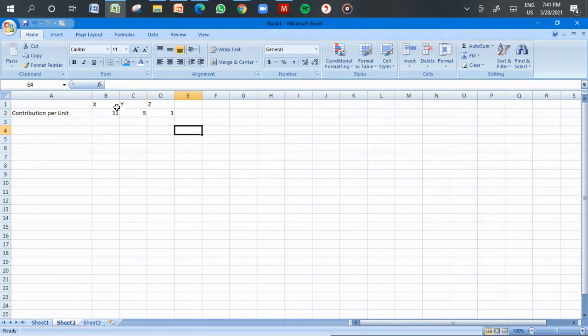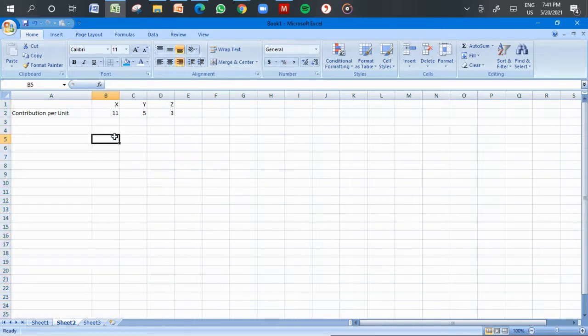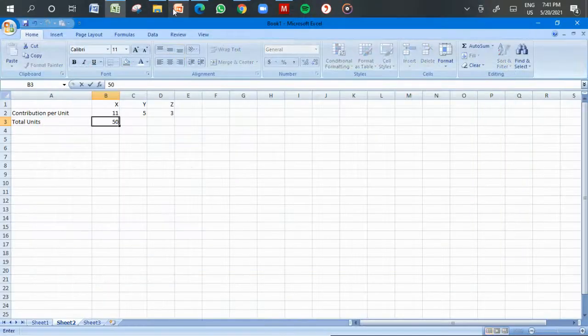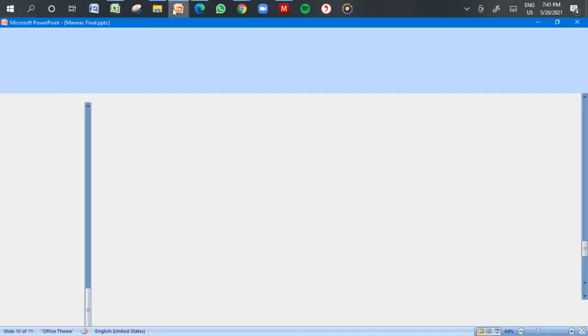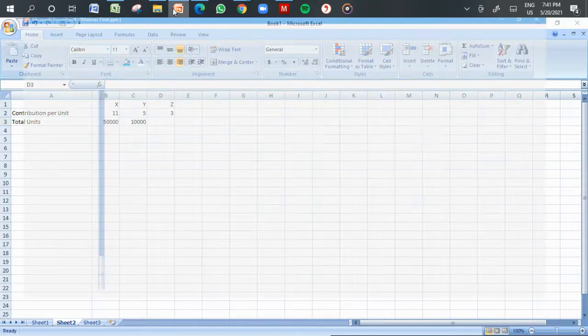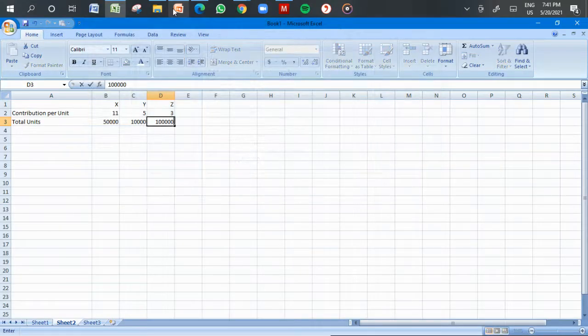That is contribution per unit. Then our total units: for X is 50,000, for Y is 10,000, then for Z is 100,000.